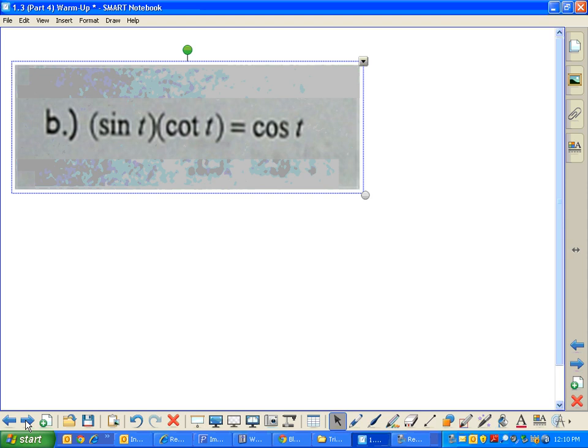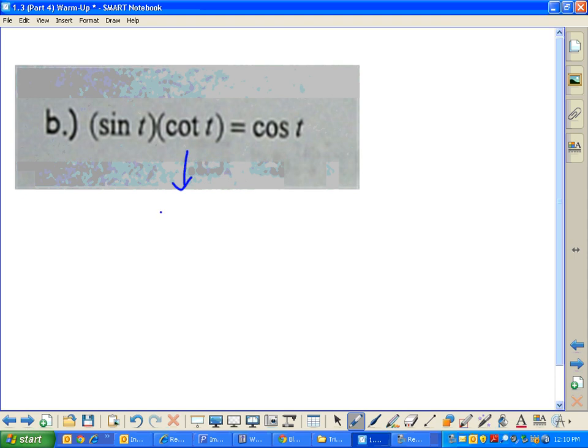You don't always have to switch out everything in the problem. But what I do see is that I'm trying to get back to cosine. So having cotangent there doesn't get me any sines or cosines. So I'm going to switch out cotangent right off the bat.